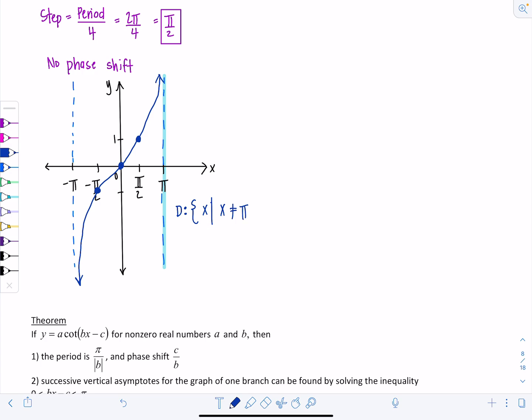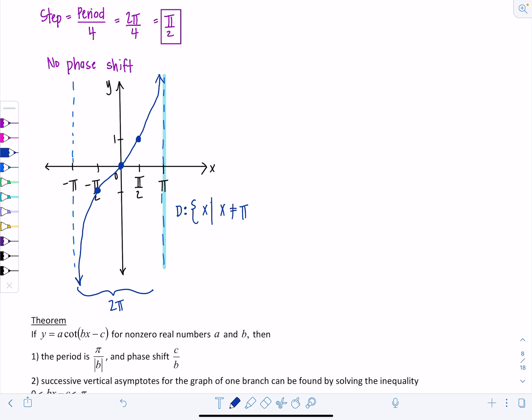Now, am I going to sit here and list every single vertical asymptote? No, I couldn't do it. I would die before I would get done because there's infinitely many. So what you do is you just give a rule that somebody could follow so they could figure out where all the vertical asymptotes are. So what's the rule? You're going to get another vertical asymptote every 2 pi because that's the period for this graph.